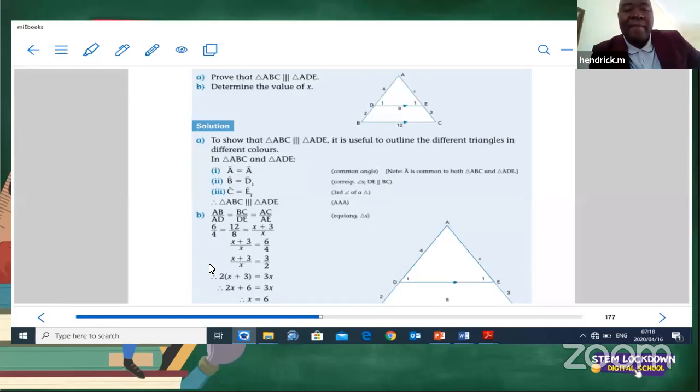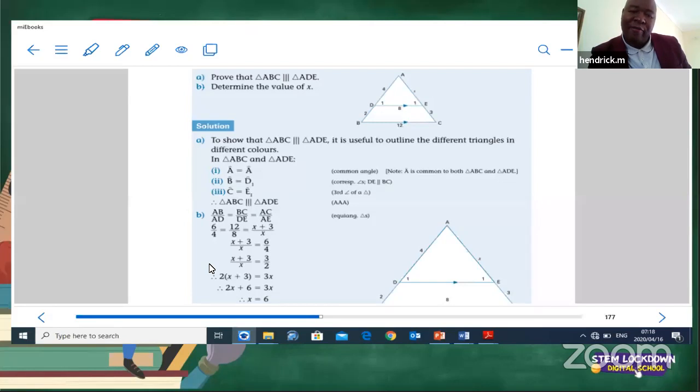As we discussed yesterday with similar triangles, it should be clear at this point that in order to prove that two triangles are similar, you need to look at the angles first.